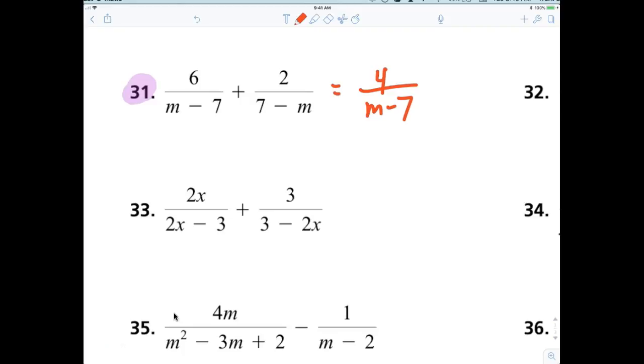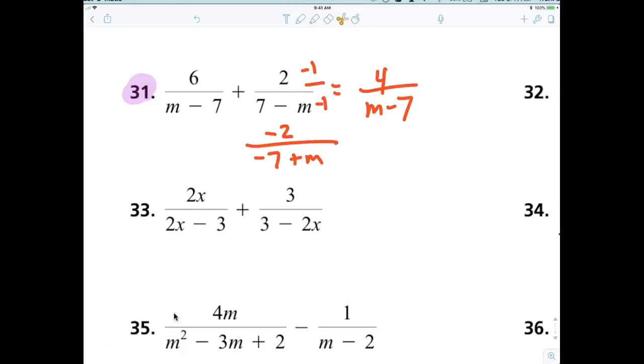So he is absolutely correct. Essentially, we're just multiplying by -1 over -1. That's all we're doing. And if I do that, that becomes -2, and the denominator now becomes -7 plus m, correct?